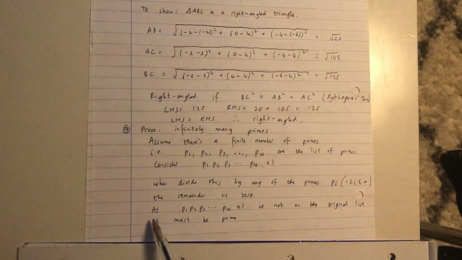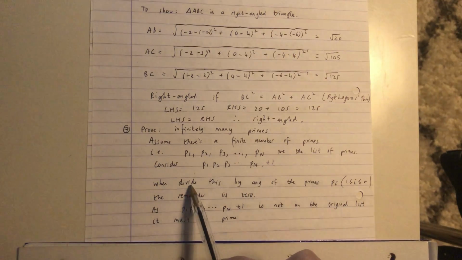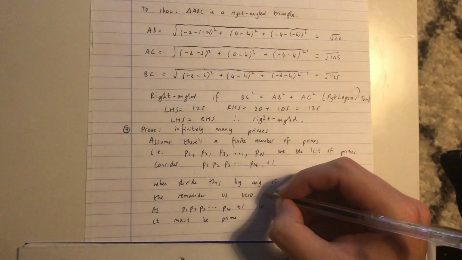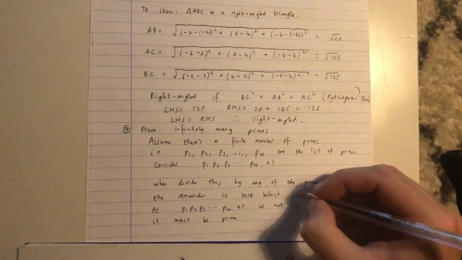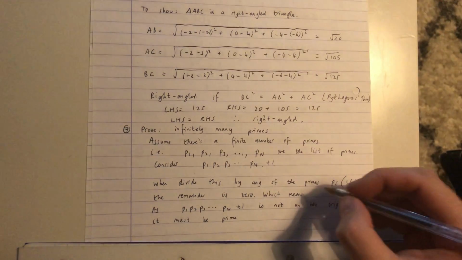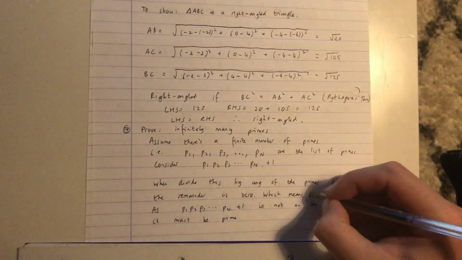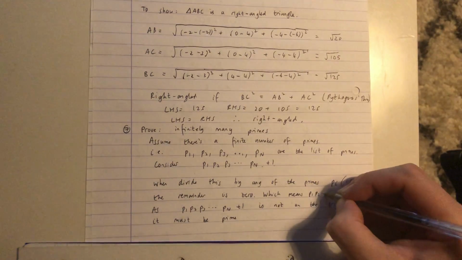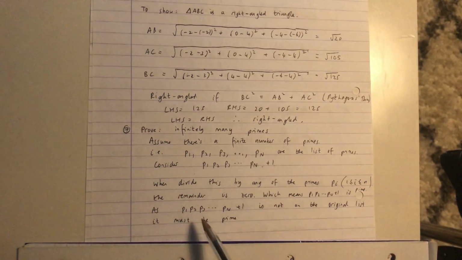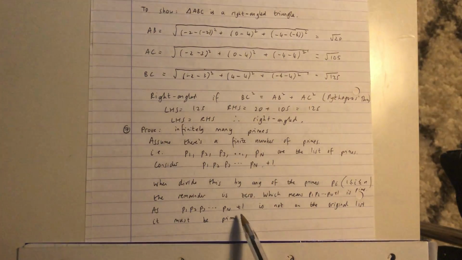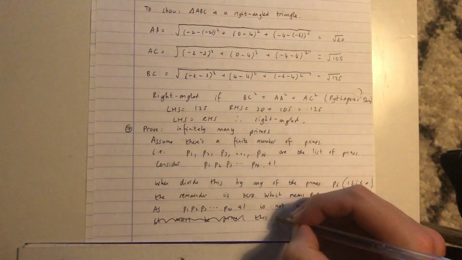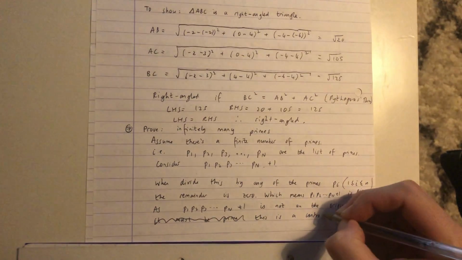I just got this logic the wrong way around. So when I divide this by any of the primes Pi, the remainder is 1, which means P1, P2, P3 ... Pn plus 1 is prime. And as P1, P2, P3, dot, dot, dot, Pn plus 1 is not on the original list, this is a contradiction. That is better. This is a contradiction.